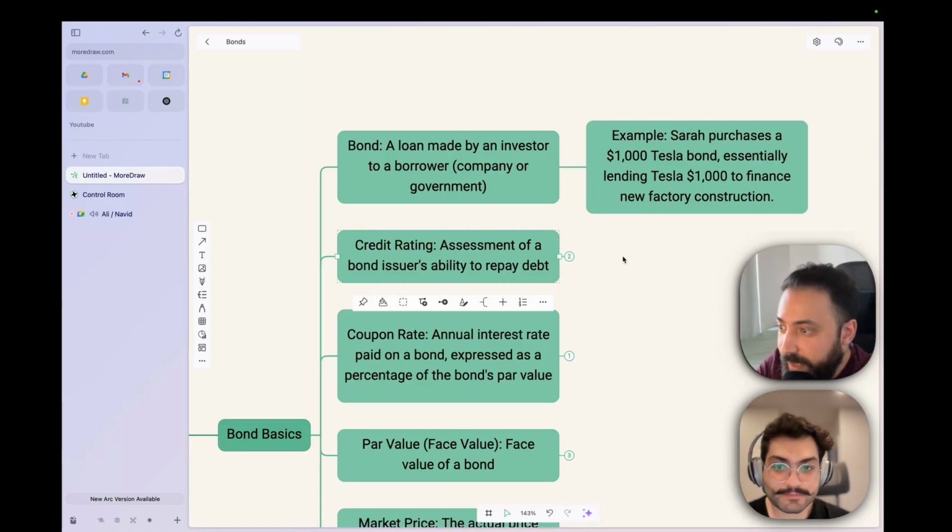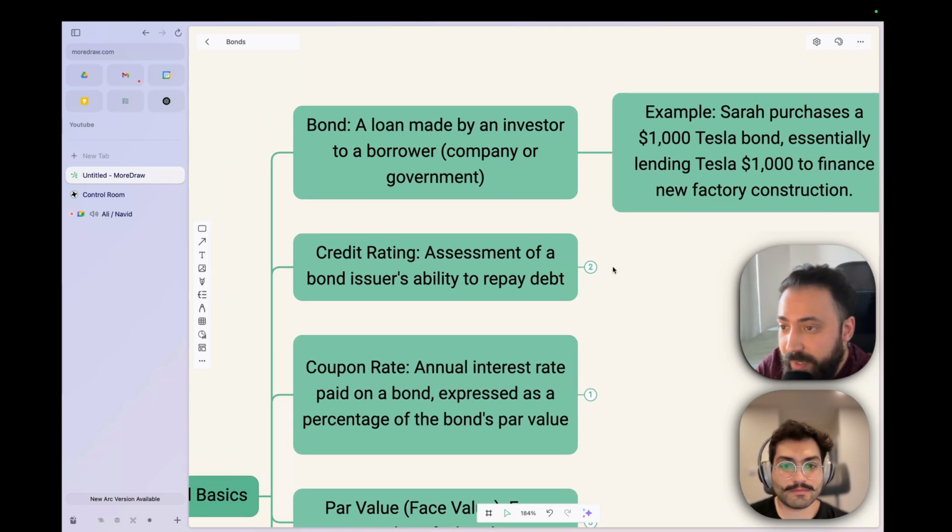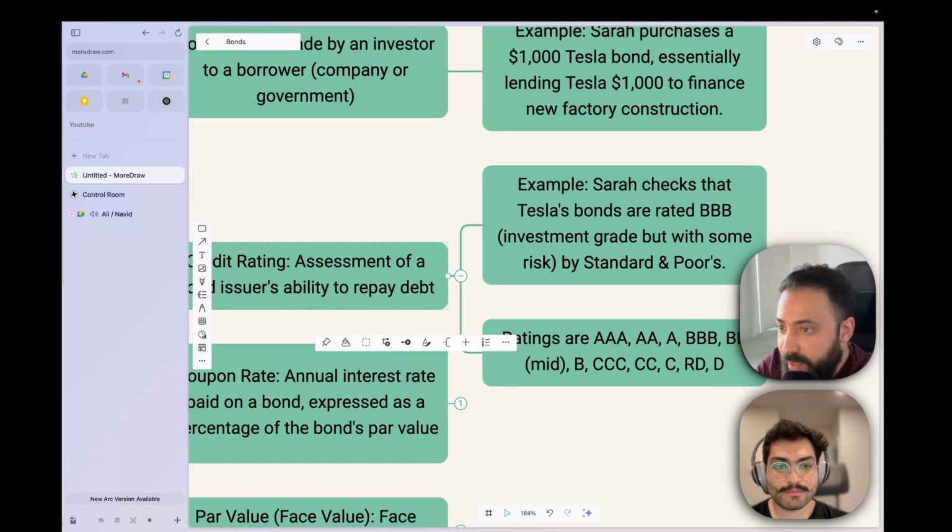Right, then we have credit rating, an assessment of a bond issuer's ability to repay the debt. For example, Sarah checks that Tesla's bonds are rated BBB by Standard & Poor's, which is actually investment grade with some risk.